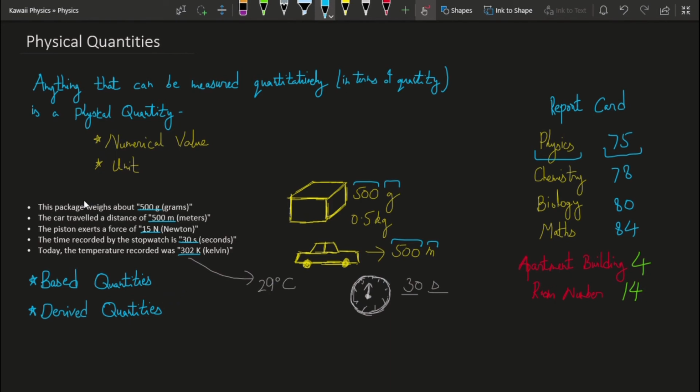Base quantity, sorry about that, it is base quantity. So what are the base quantities? These quantities are distinct and they are chosen by convention and they are used to derive other quantities. These are the base quantities through which all other quantities are derived.